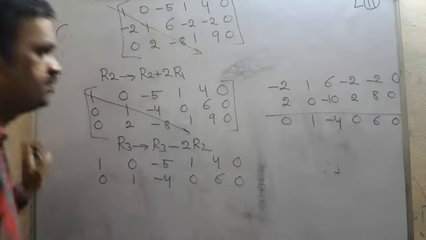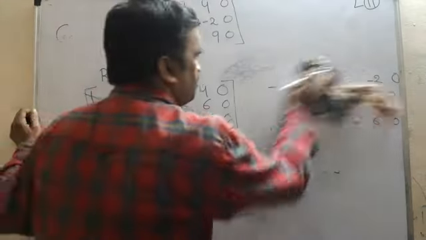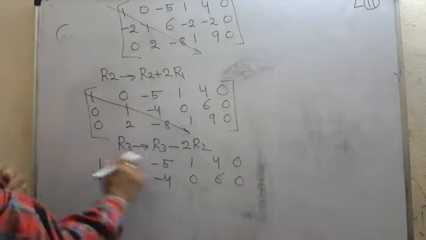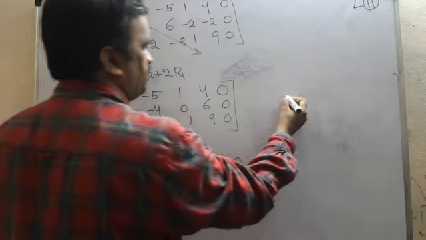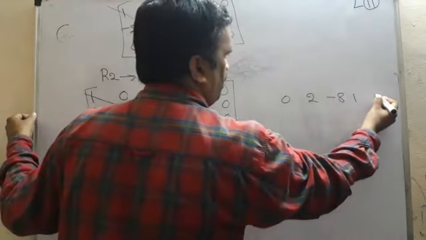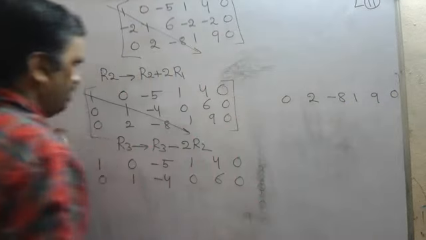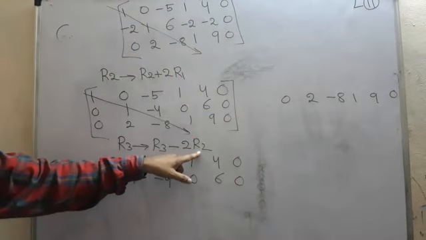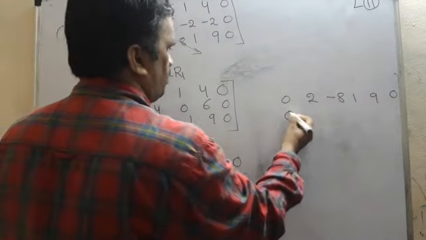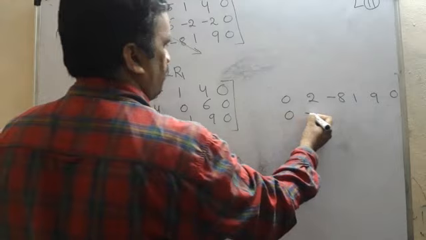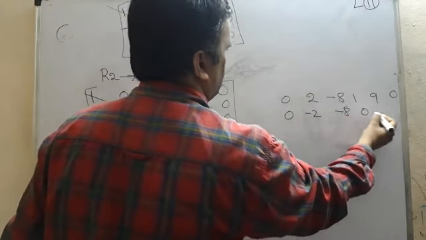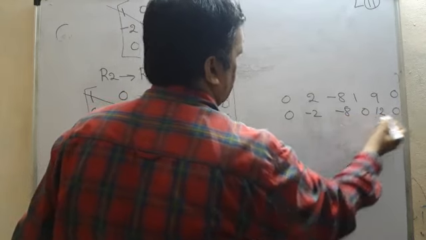Third row first: 0, 2, minus 8, 1, 9, 0. And the second row we have to multiply with 2 times. Come on, multiply with 2 times. 0, 2, minus 8, 0, 12, 0.